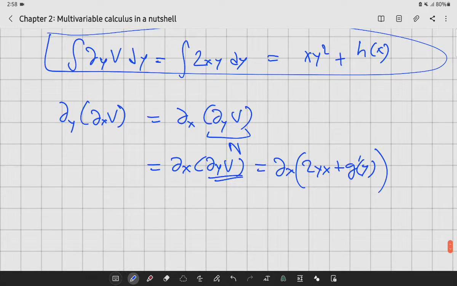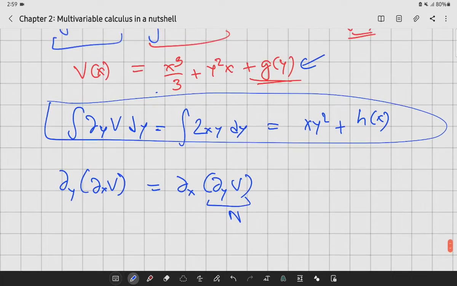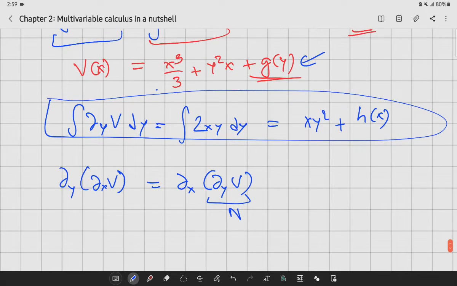Okay, so if I take the partial x of this, what will I get? 2y, plus, I can't do this because g prime of y, if I take the derivative with respect to x, I'll get 0, and this is going to be useless. So I guess I'm not going to use this. I'm going to go back to what I did before.